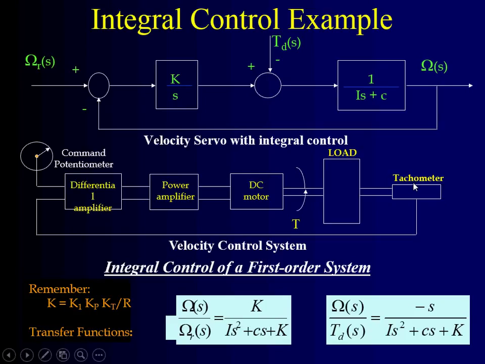This tachometer attached at the end on the output of the motor measures how many RPM, let's say, you are producing here. It takes that measure, feeds it back, and then compares it to your set value.